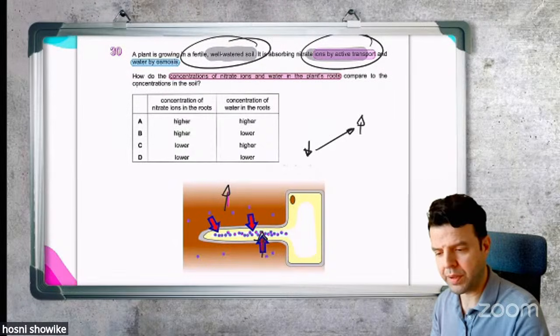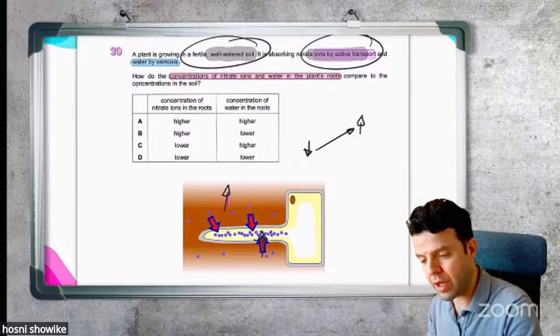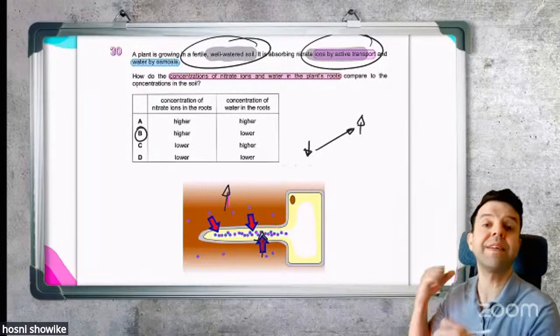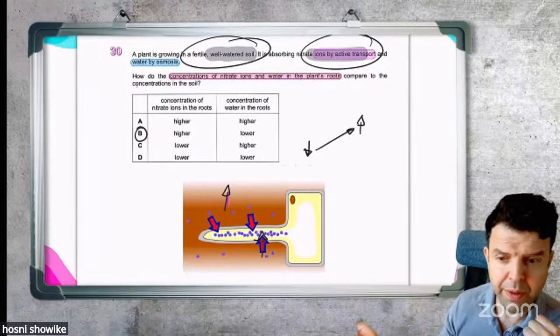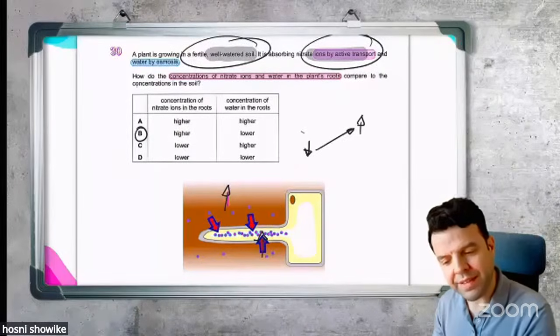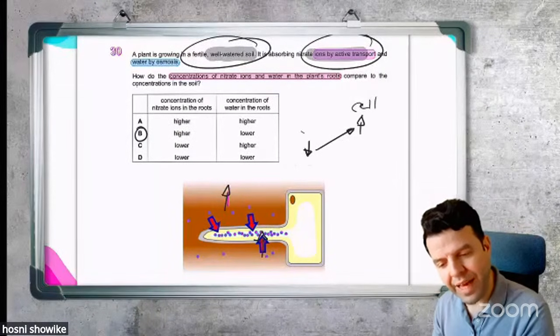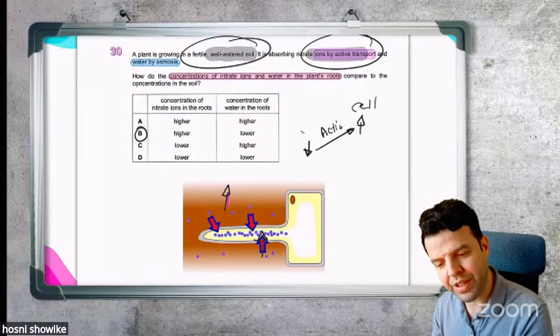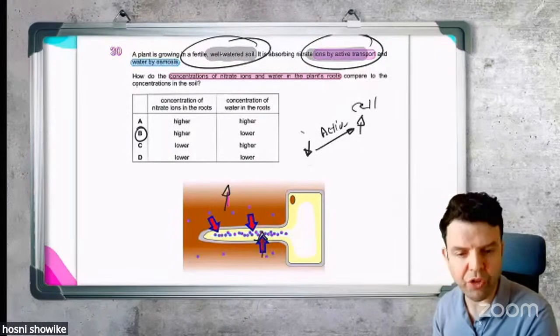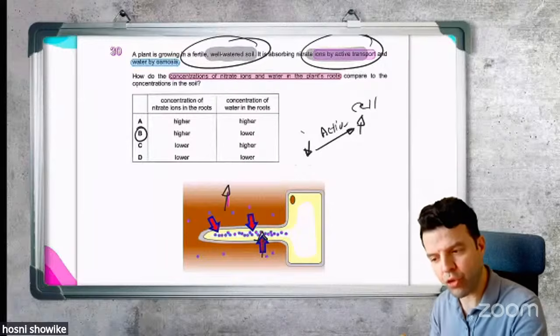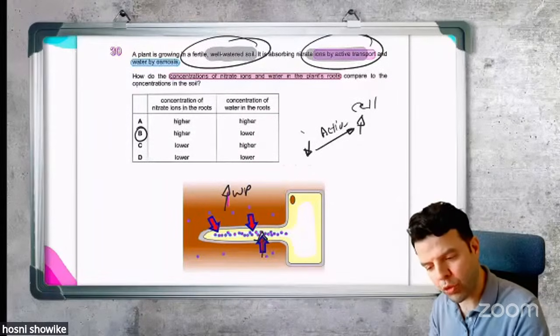So once again, I'm expecting the concentration of the ions inside the cell to be higher, because that's the cell and it's active transport here. And I'm expecting the water to be lower because it's osmosis. That's higher water potential, that's lower water potential.